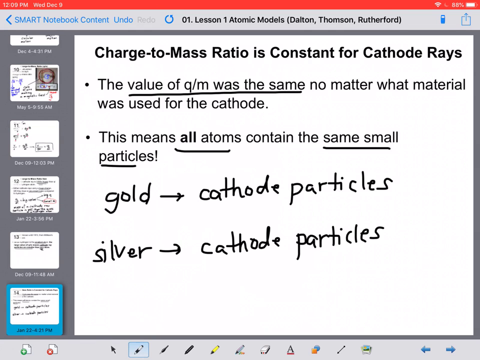But you have to have some way of proving that the cathode particles coming out of gold are the same cathode particles that are coming out of silver. And the way that you do that is that if you can show that because these particles have the same Q over M, then that must mean that the cathode particles coming out of gold are no different than the cathode particles coming out of silver. They're the same type of particle in either case.